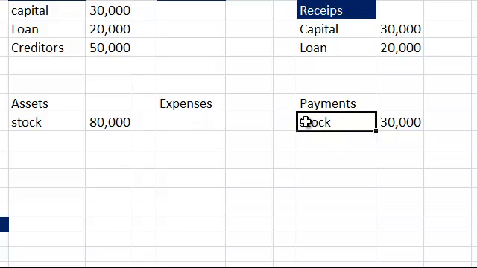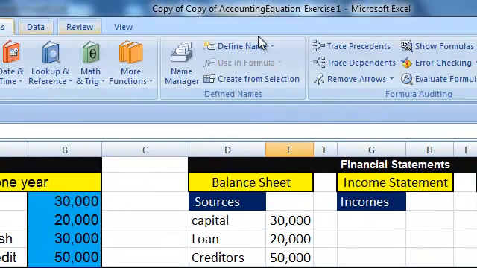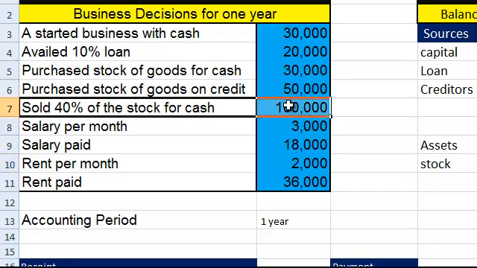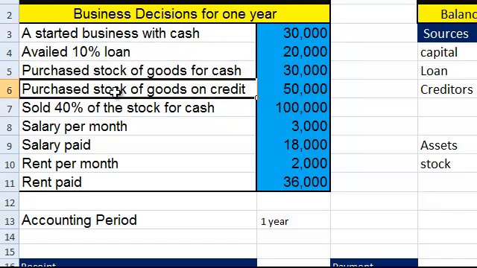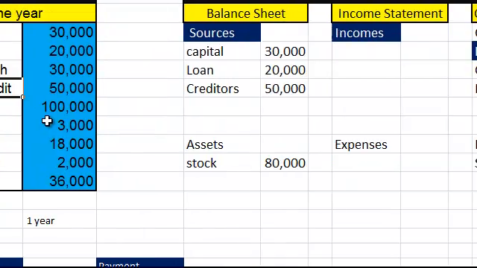So, an increase in asset from 30,000 to 80,000 may result sometimes in an outflow of cash or creation of a liability. Now comes a sale. First time we are selling the goods. Till now, you raised money, you borrowed money, you purchased stock, and you purchased stock on credit.